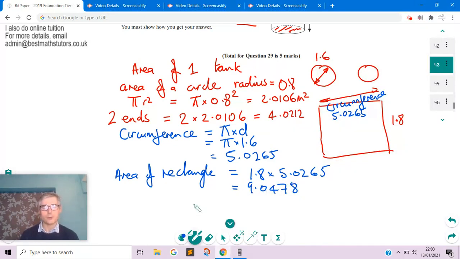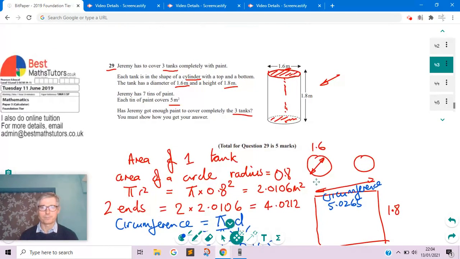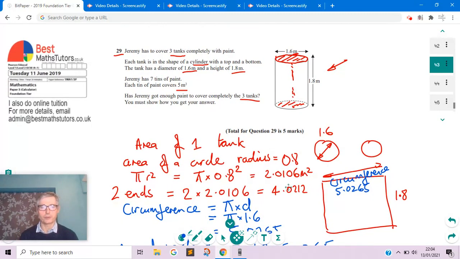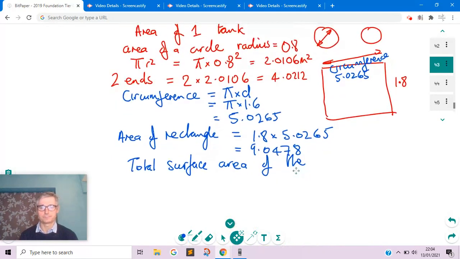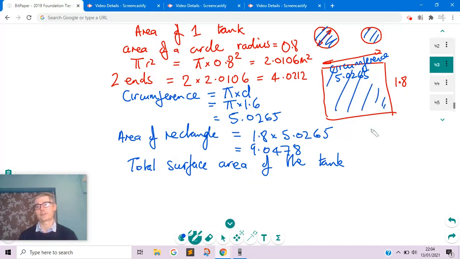So what we can do now is say, well, what would the total surface area of the, and what was it? It was a tank. So of the tank is going to be the circles, these 2 circles here, plus this rectangle.